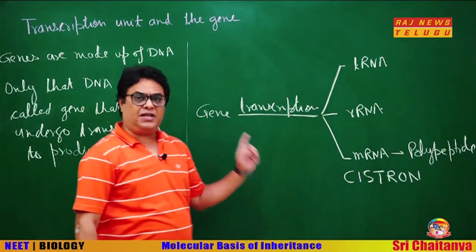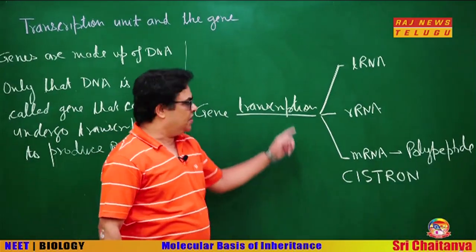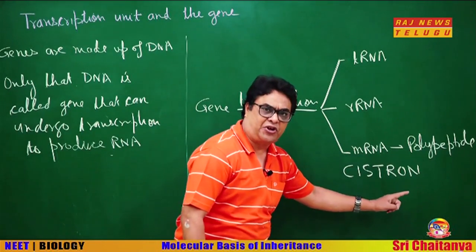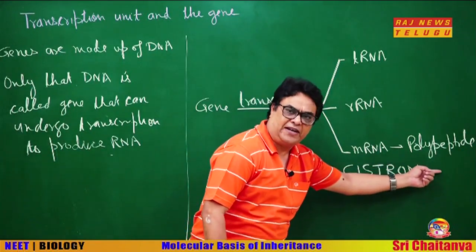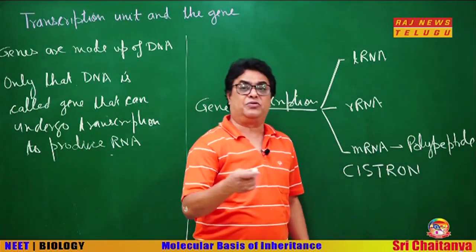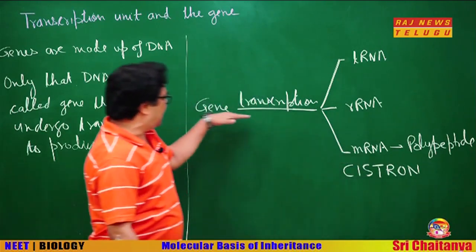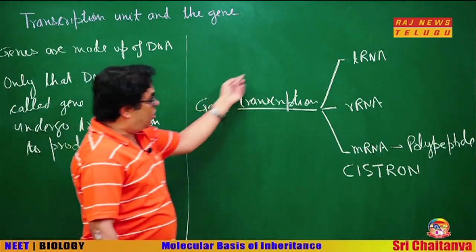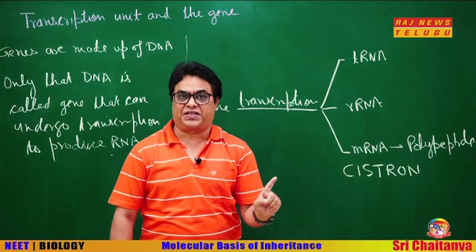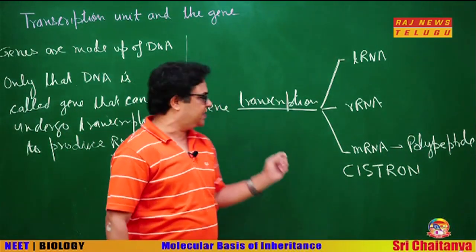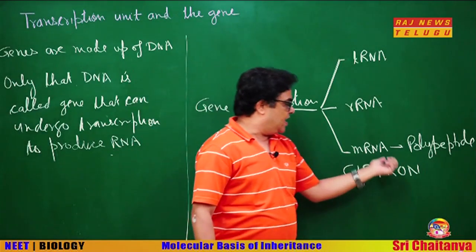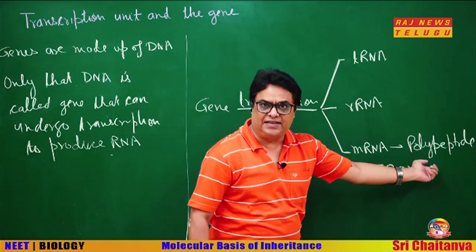So, remember, all genes are not cistrons. Only those genes are cistrons that code for polypeptide. So, here we come to another thing, that all cistrons are genes, but all genes are not cistrons. Only those genes are cistrons that can undergo polypeptide synthesis.